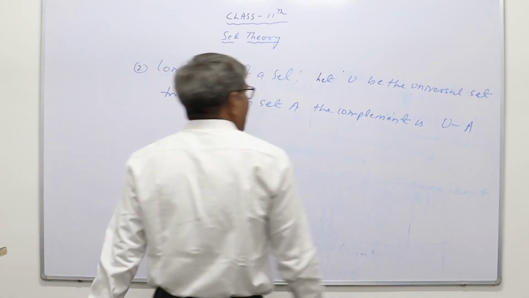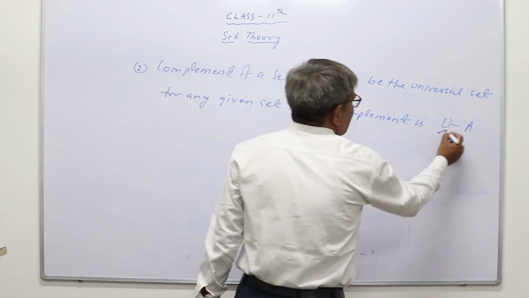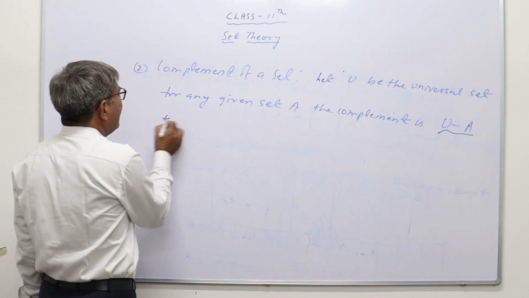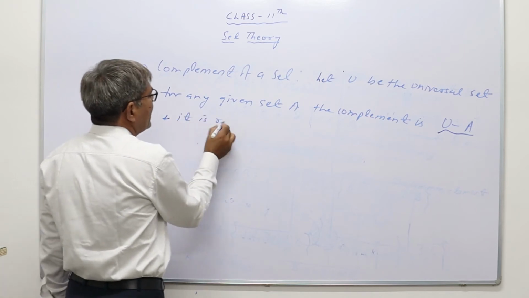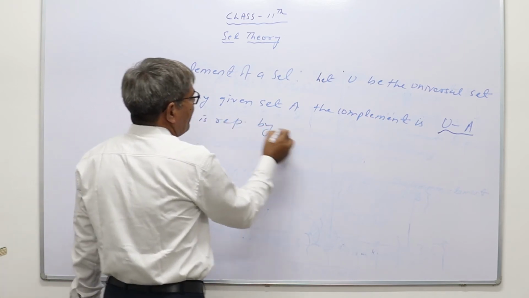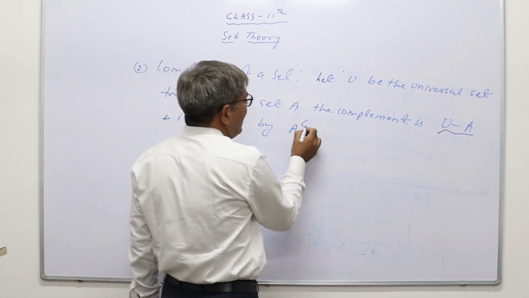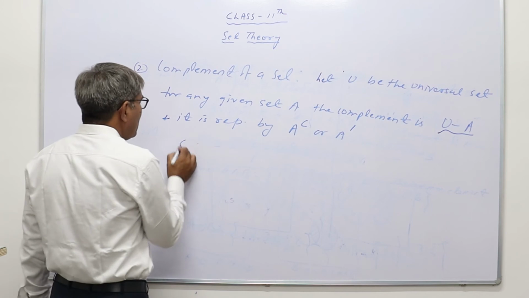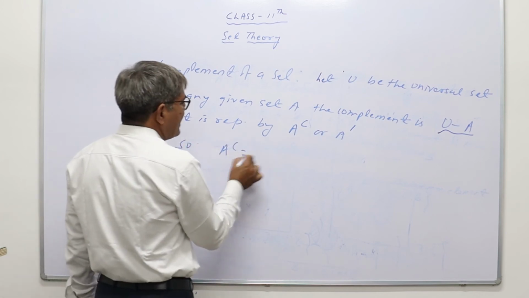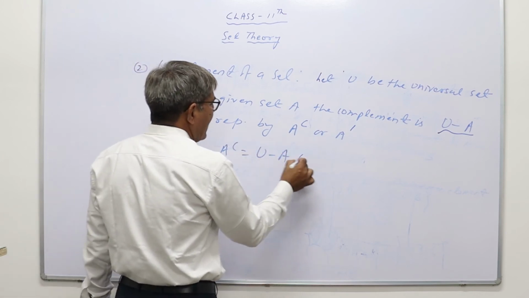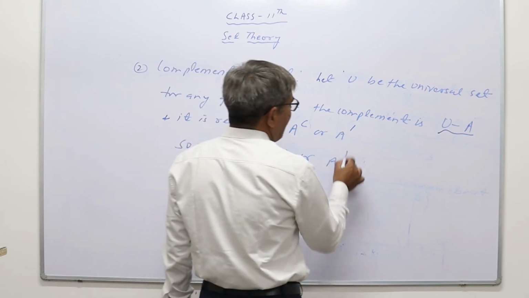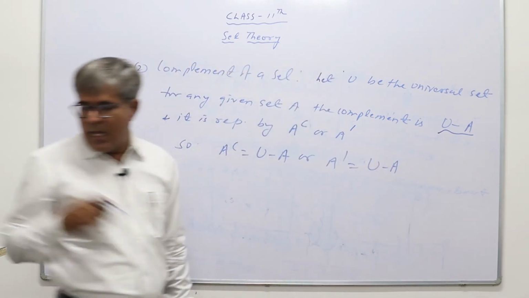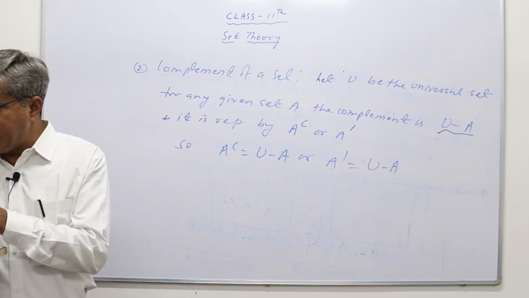So this U minus A is known as the complement of set A and it is represented by A complement or A prime. So A complement is equal to U minus A, or A prime is equal to U minus A. So this is the complement of a given set.